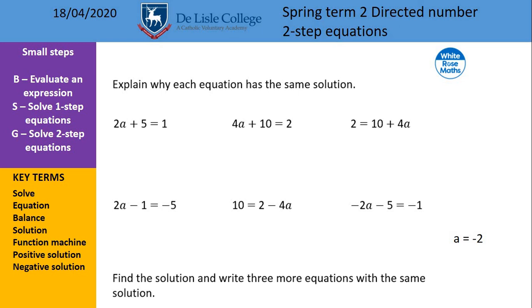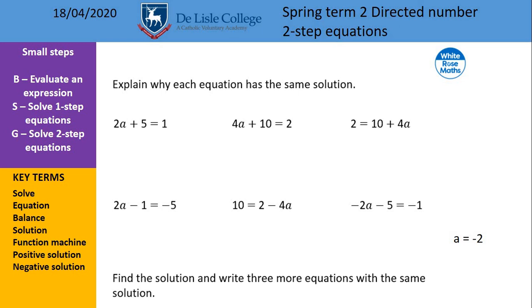We've just rearranged that to say 2a minus 1 equals minus 5. We've swapped the 5 onto the other side of the equation by minusing 5 from that side, and then we've taken 1 from the other, so we've just swapped those two numbers around, making them negatives. That then would be exactly the same.